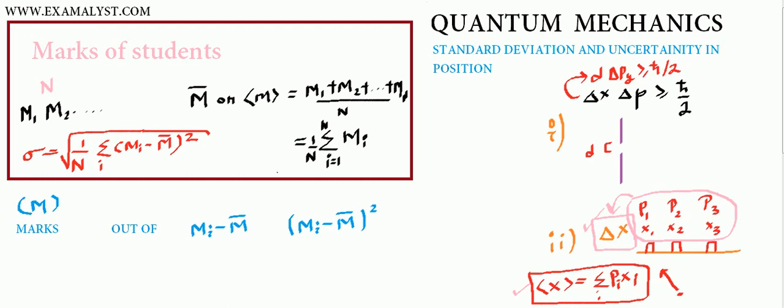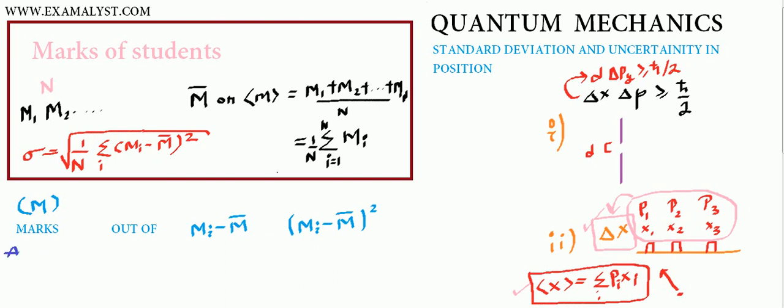Now the question is, what is standard deviation, and how do we calculate it? Let me give an example. As you can see below, consider the marks of 4 students.